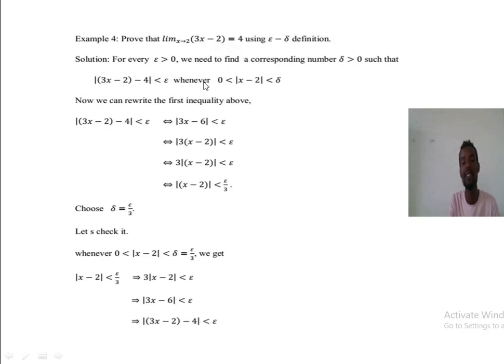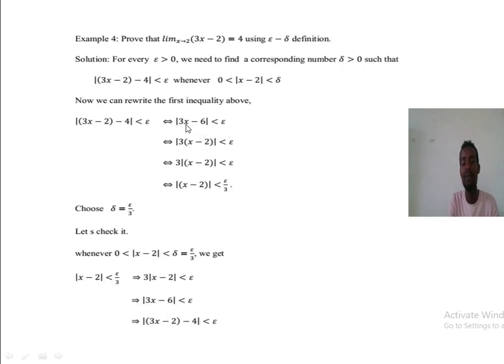So by using the definitions, we can rewrite this inequality: absolute value of 3x minus 2 minus 4 is less than epsilon if and only if, since minus 2 minus 4 is minus 6, we have absolute value of 3x minus 6 is less than epsilon.